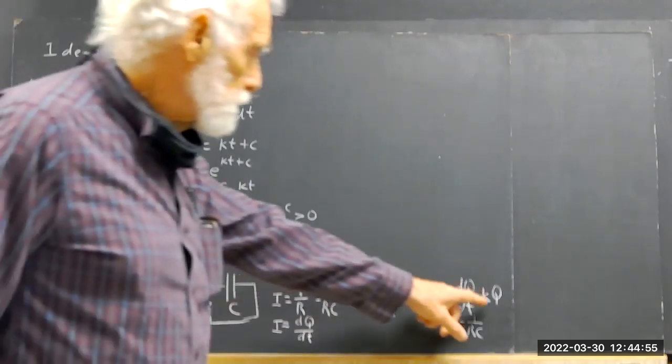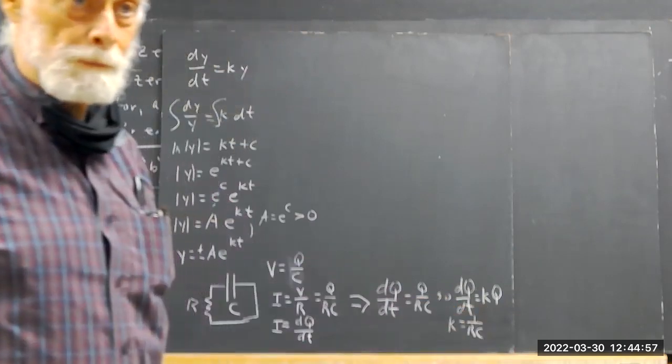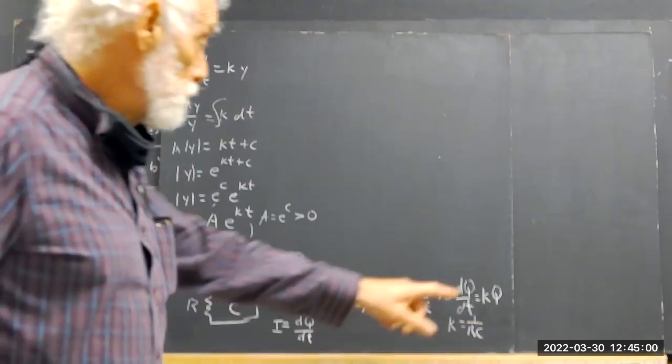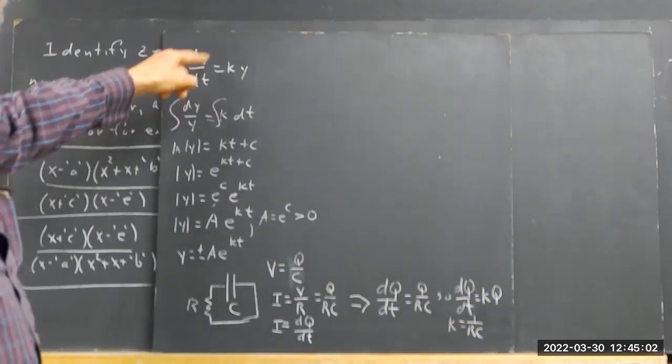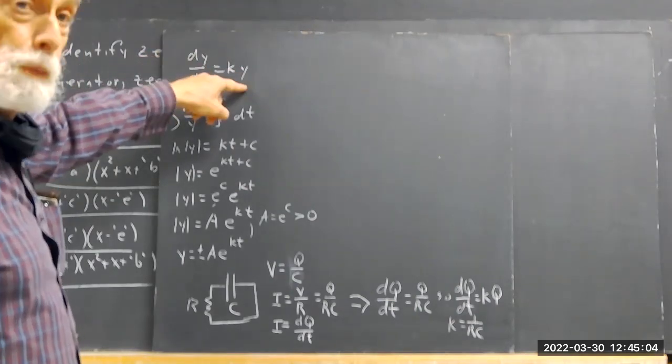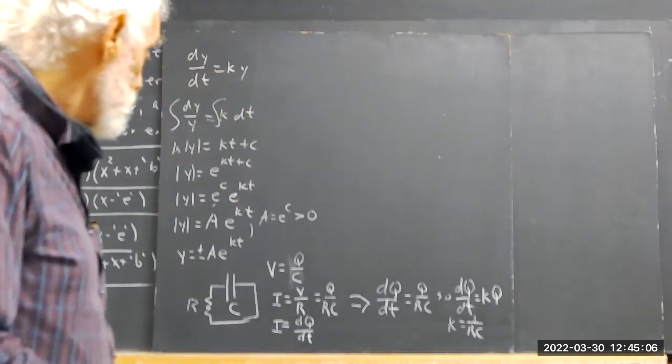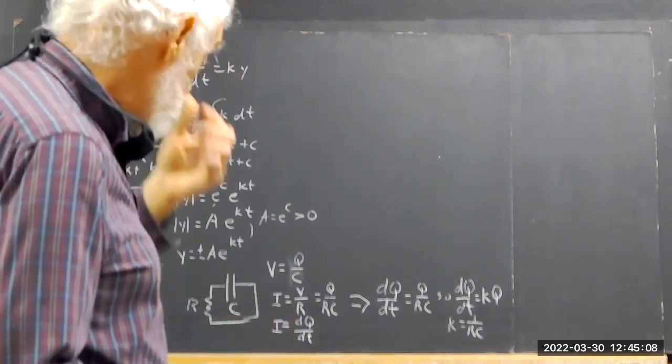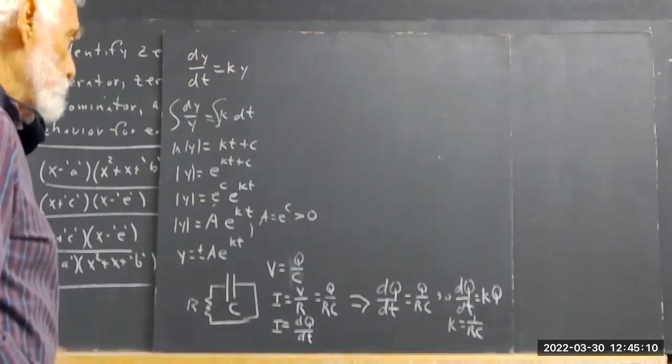So dQ/dt is kQ, where k is 1 over RC. In other words, it's just an instance of this, except it's Q instead of y. So that's how capacitors behave. This is exponential.